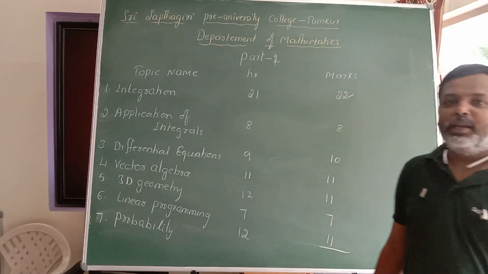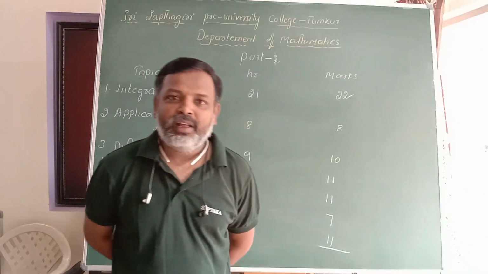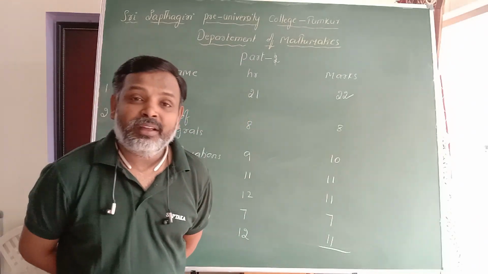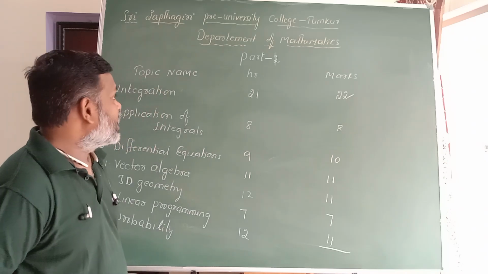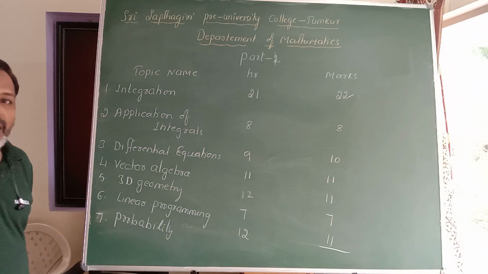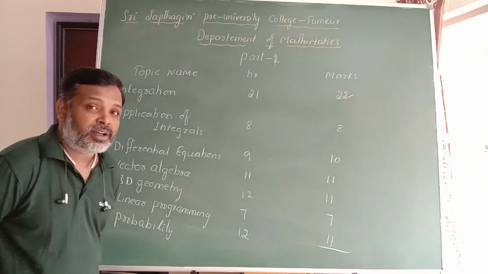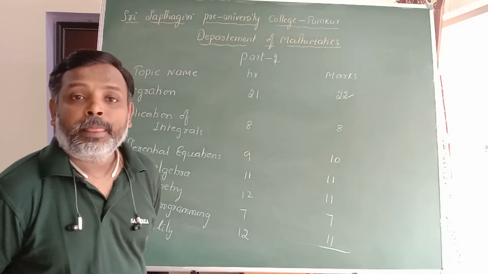In part 1, what do you get? Relations and functions, inverse trigonometric functions, matrices and determinants, continuity and differentiability, and application of derivatives. In part 2 you will get integration, application of integrals, differential equations, vector algebra, three-dimensional geometry, linear programming and probability.